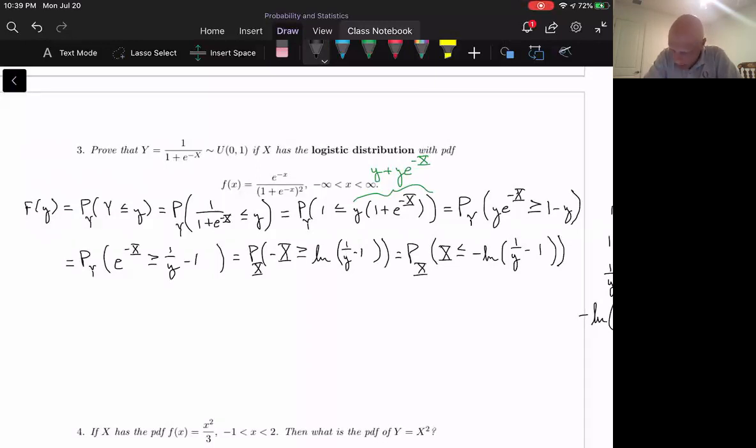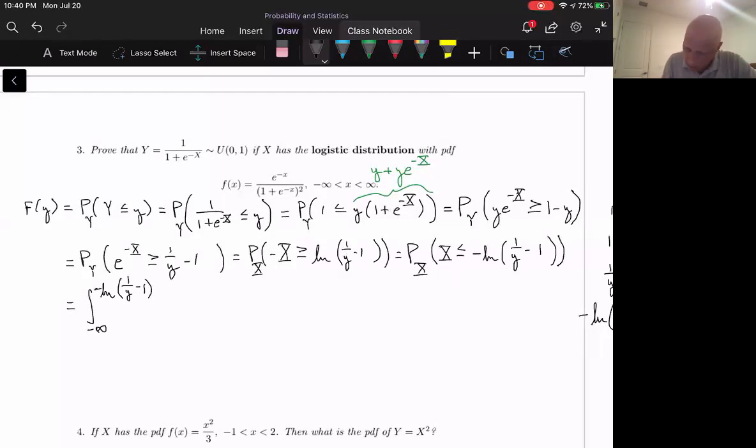And so it's at this point that we're going to do the same idea that we did in the first problem. So I'm going to set up the integral, which is using the distribution of x. So this is going from the lower bound of negative infinity up to negative the natural log of 1 over y minus 1.